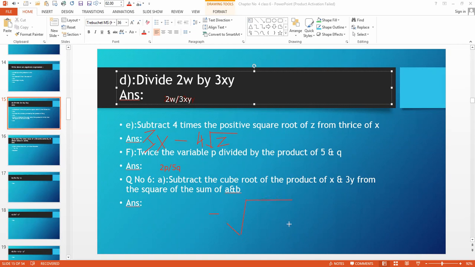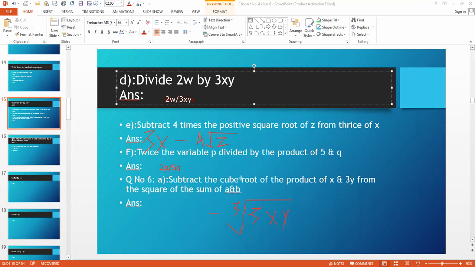In square root we just write this, but for cube root I have to write a small 3. So this is the cube root of the product of x and 3y. This means we multiply 3 with x, and then multiply it by y.